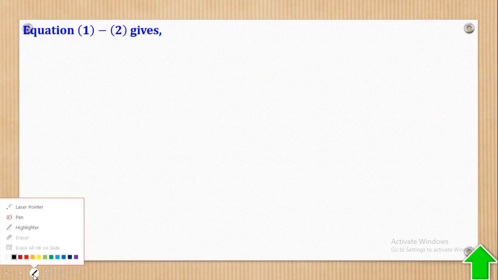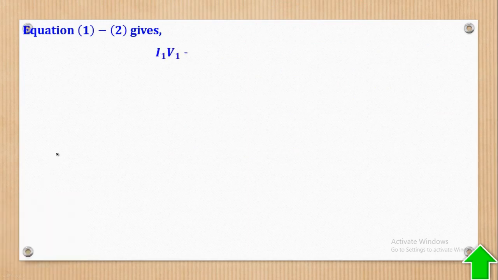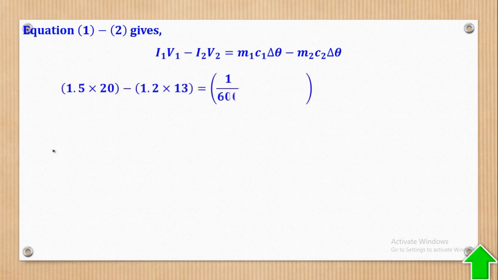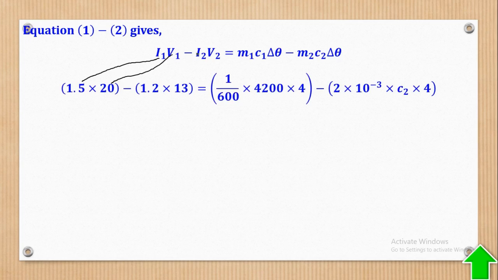So when I subtract the two equations and substitute for each parameter, I1 is that, V1 is that, I2 is that, V2 is that, M1 is that, C1 is that, change in temperature is that.